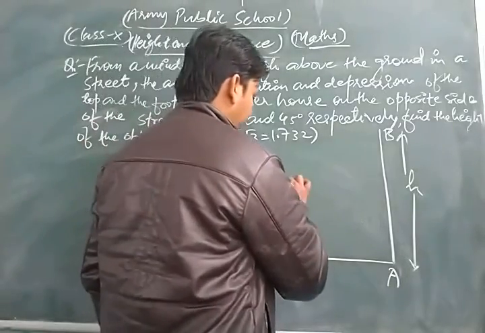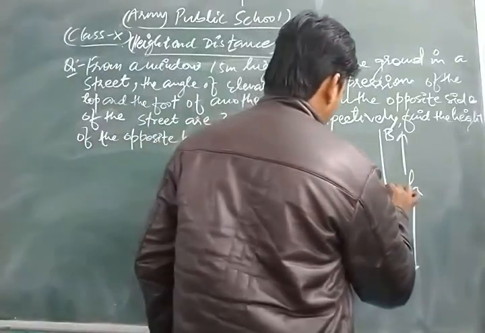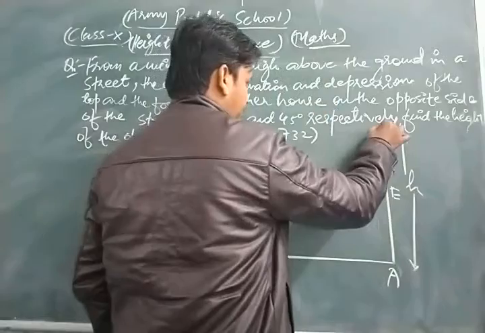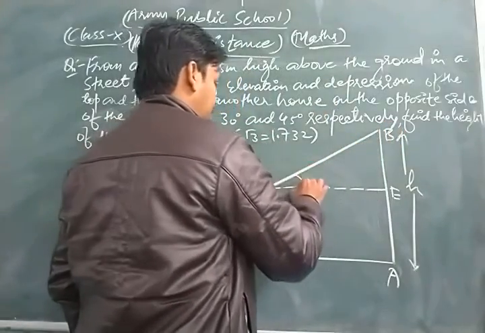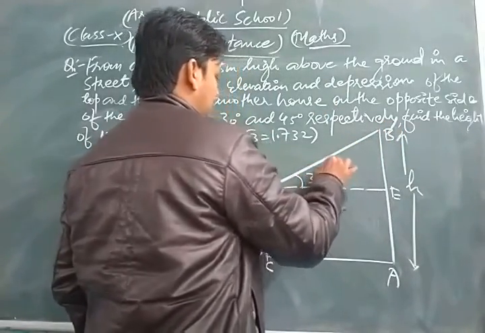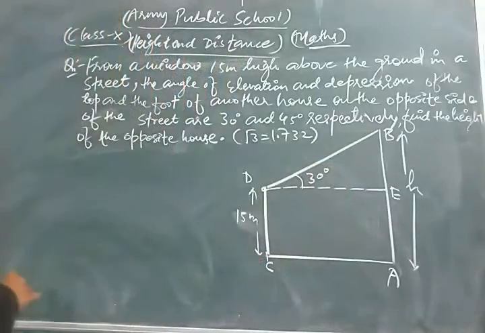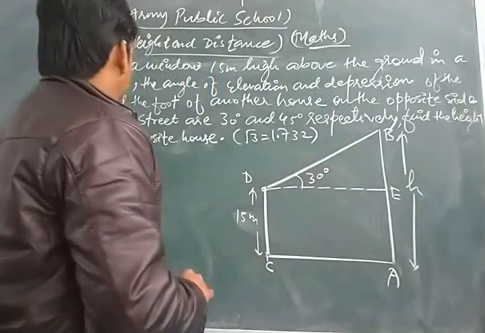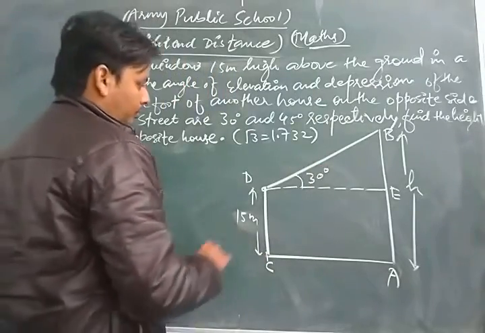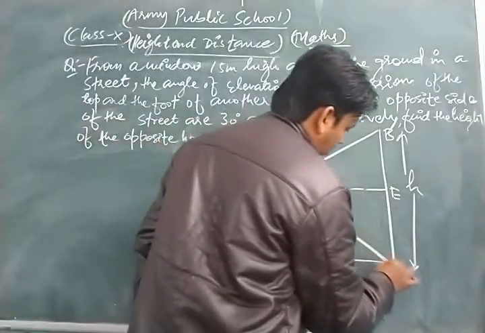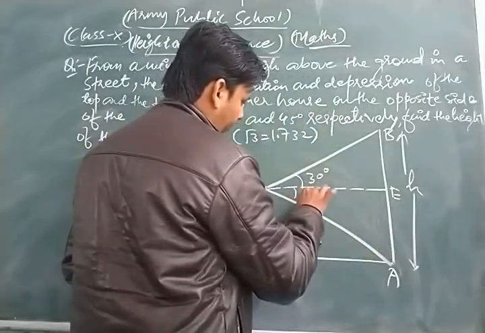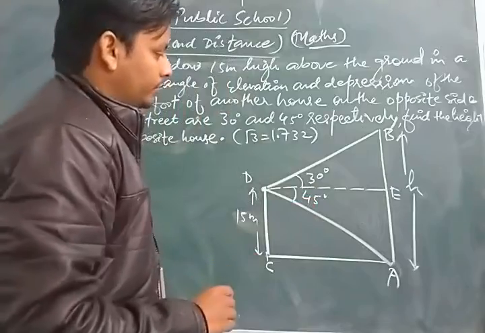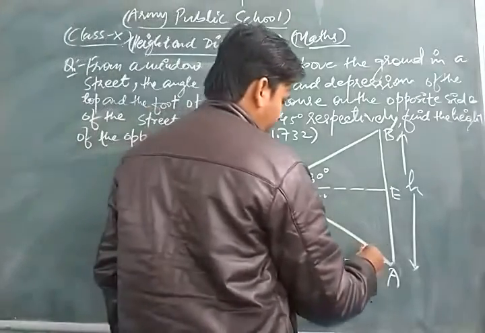Now look, first of all we join them, CD. We take point A. From the top, the angle of elevation is 30 degree and the angle of depression of the foot of the house is 45 degree. This one is 45, this is 45, so this is also equal to 45 degree.